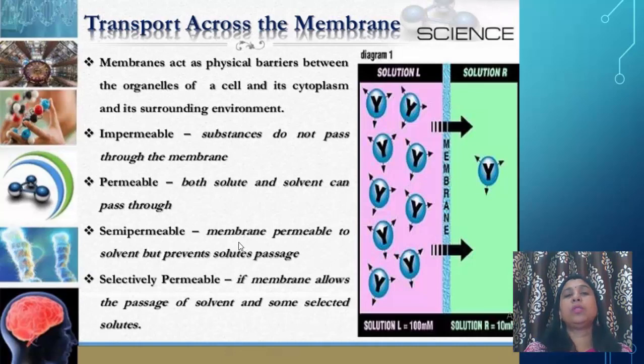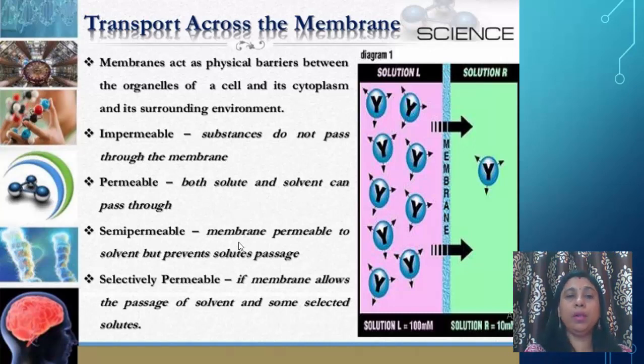Now, transport across the membrane. We know membranes act as a physical barrier between the organelles of a cell and its cytoplasm and its surrounding environment. If this membrane is impermeable, that means substances cannot pass through the membrane.